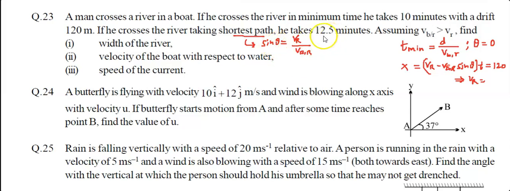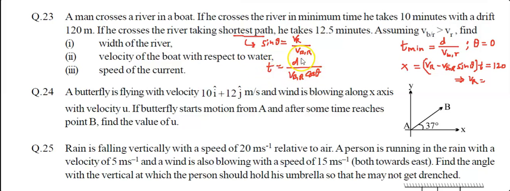And how long does it take? This much time it takes to cross it, right? So from here you got this theta, and T, which is 12.5 minutes. This is going to be D divided by, in general, VBR cos theta. So the point is, from here you can get a relation.